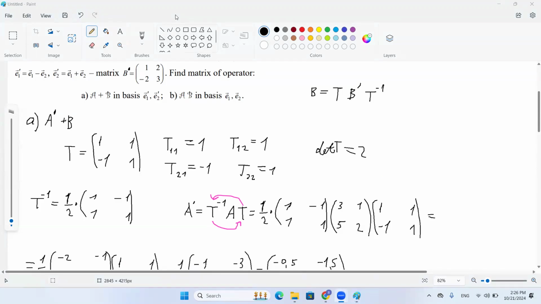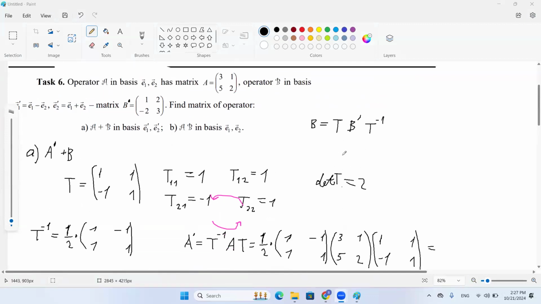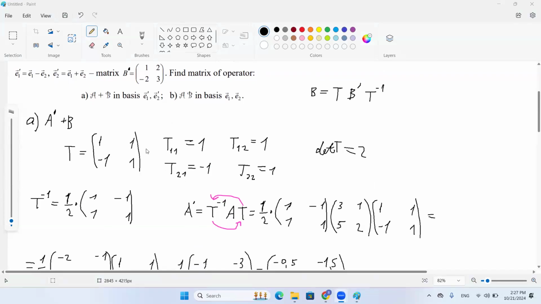Can you repeat, please, why we need to swap them by places? I understand that it doesn't change calculation, but why do we need to?